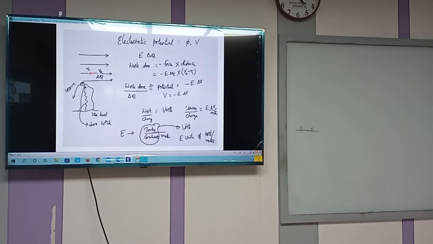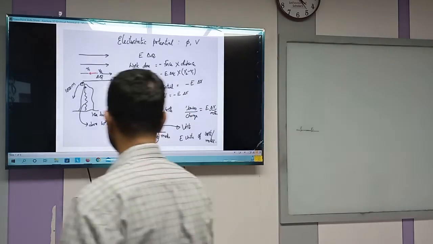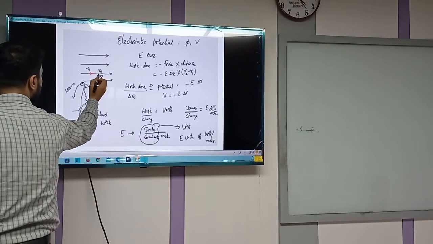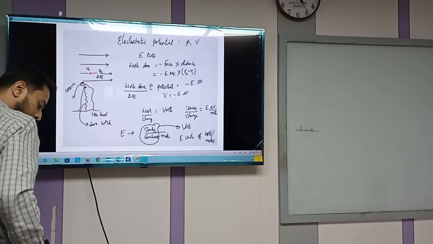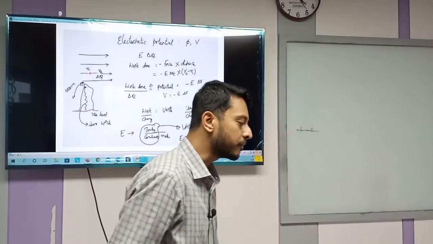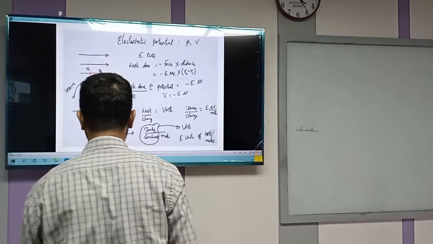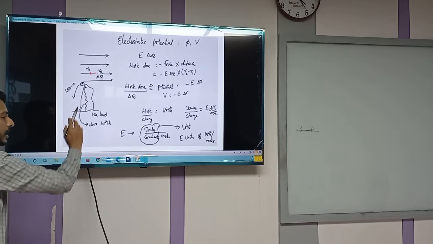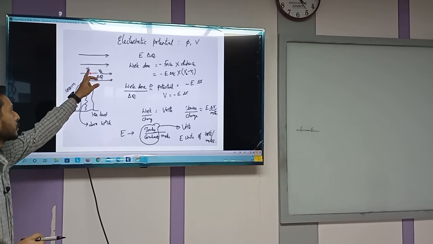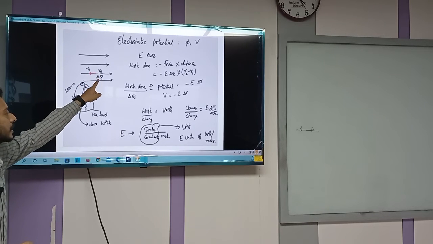Now consider 2 points here. Consider a point R2, consider a point R1, okay? I have considered a point R2 and a point R1 over here. So what is the difference between the charges over here? Let me say it's del Q. The difference between these two charges is del Q.